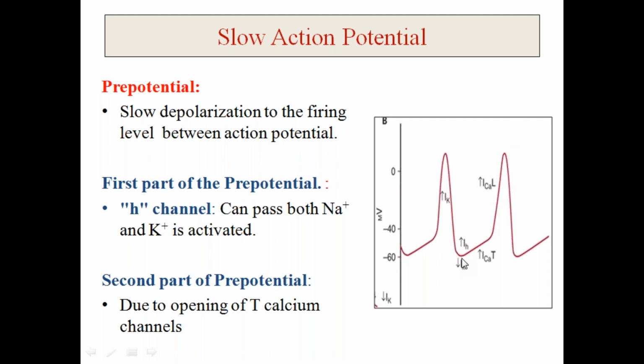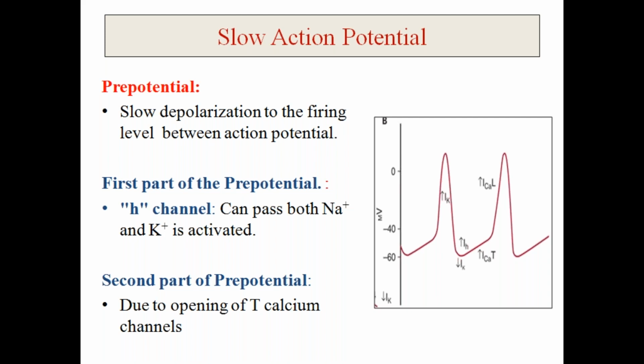There is automatic opening of a channel, and this channel is called the H channel. Why H channel? Because this channel opens during the phase of hyperpolarization. So once after repolarization, the membrane potential becomes a bit more negative, it gets a bit hyperpolarized, and this hyperpolarization will cause the opening of a channel which we call the H channel.